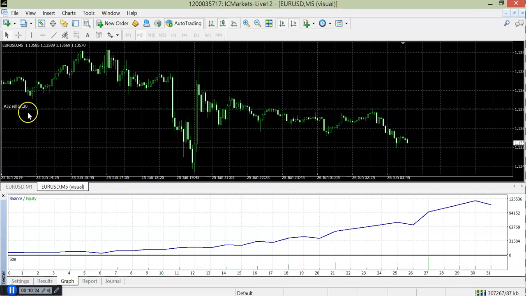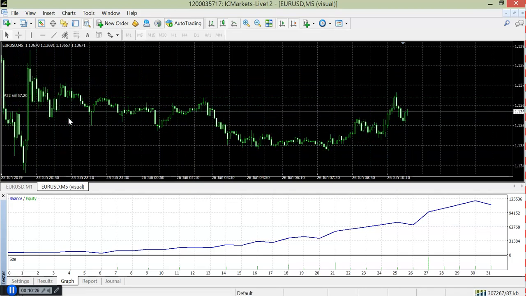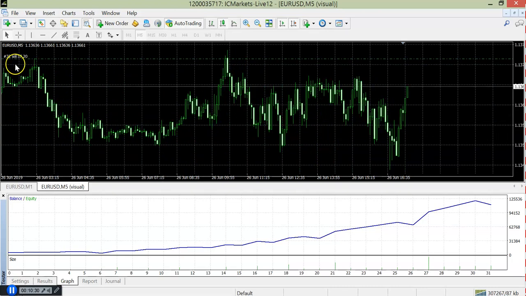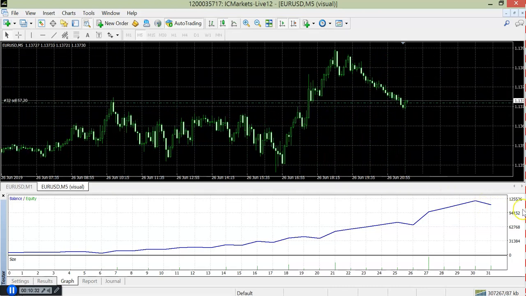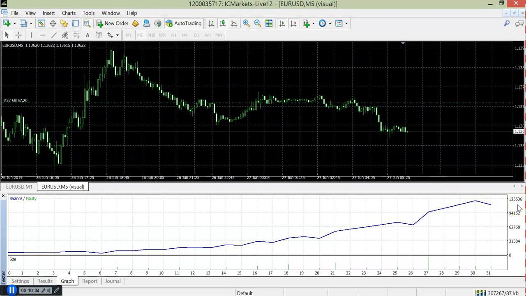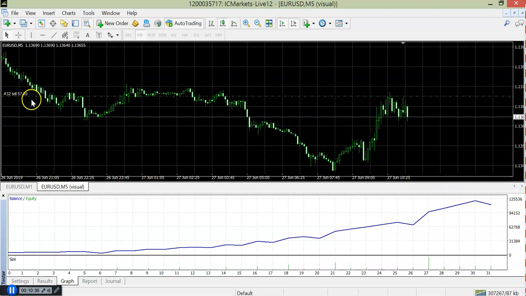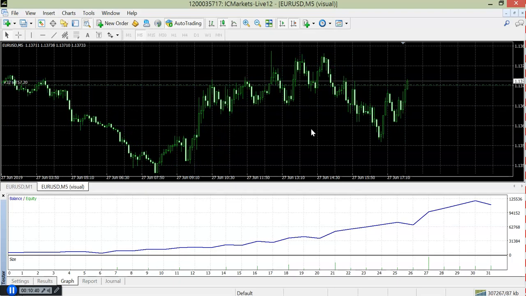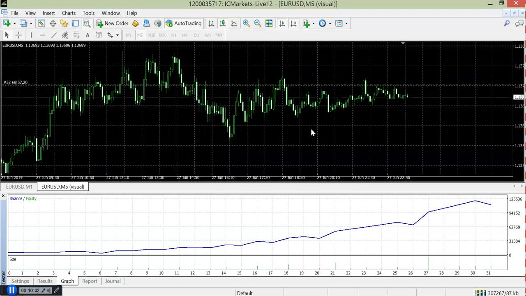You see the hedge trade, and it seems a very high lot size, but we have a very big amount of money until now. That's why it is high. So we are waiting for this trade to win.